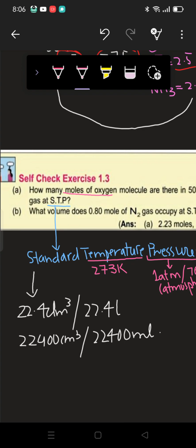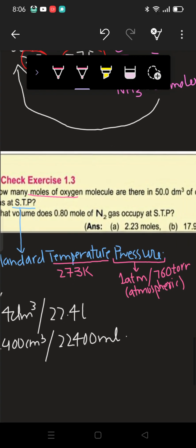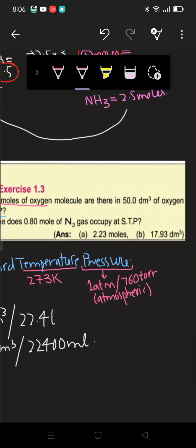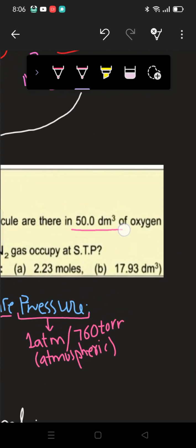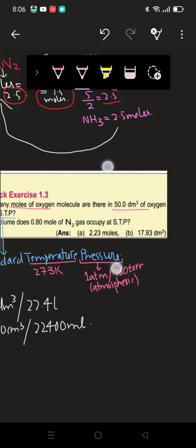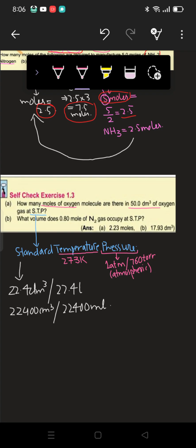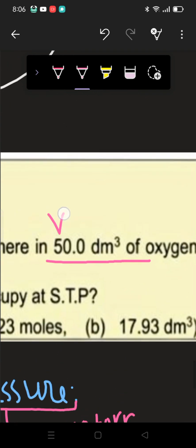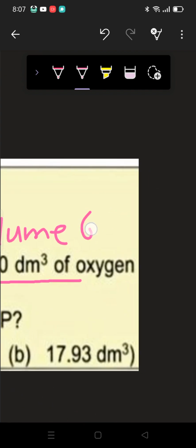So they have asked us to calculate the moles of oxygen molecules present in 50.0 dm cube of oxygen gas at STP. So this is the volume given.